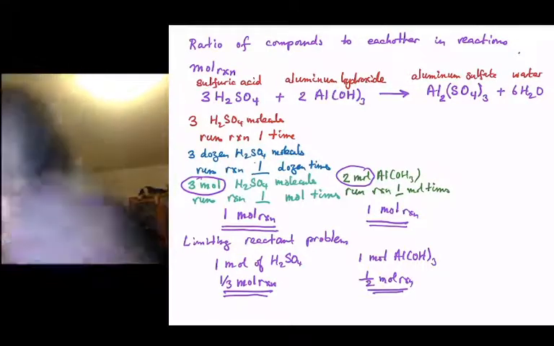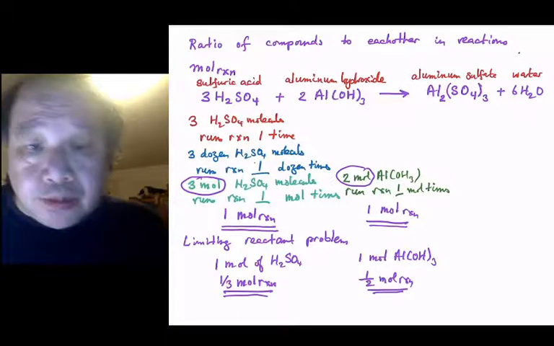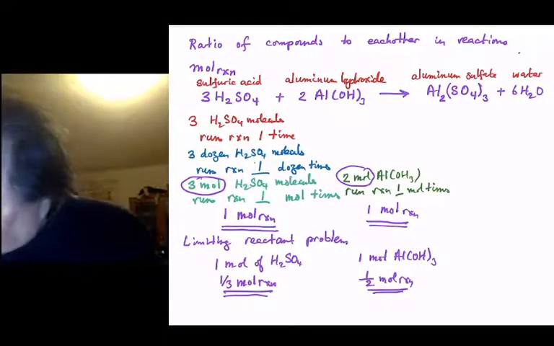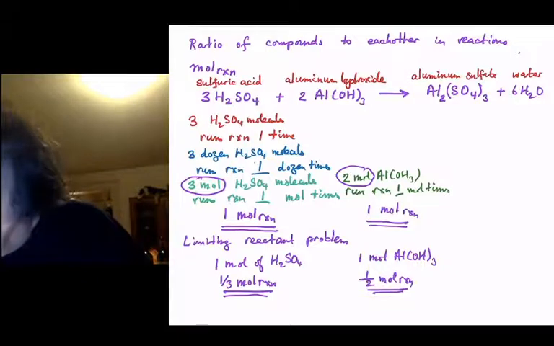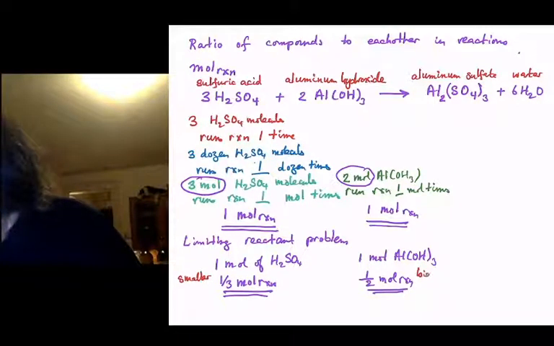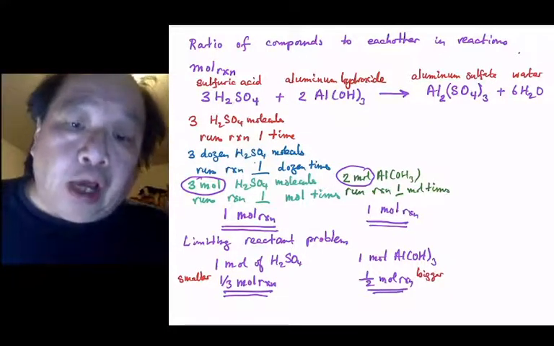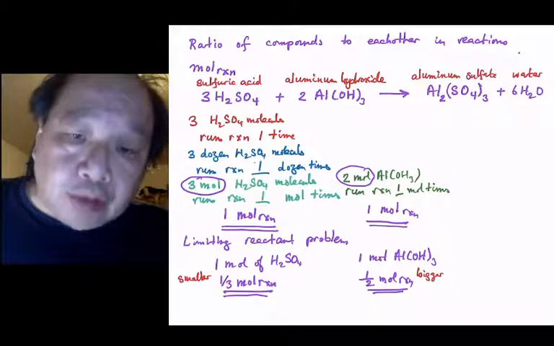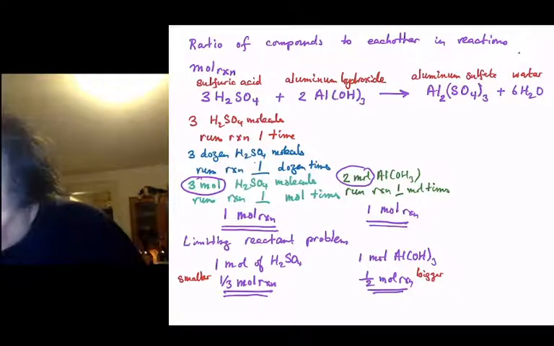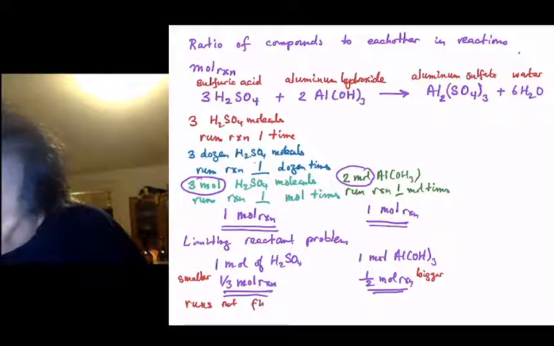So 1/3 mole reaction is a smaller number. This is smaller. And this is bigger. And therefore, I will run out of H2SO4 first. It runs out first. And this is therefore called the limiting reactant.